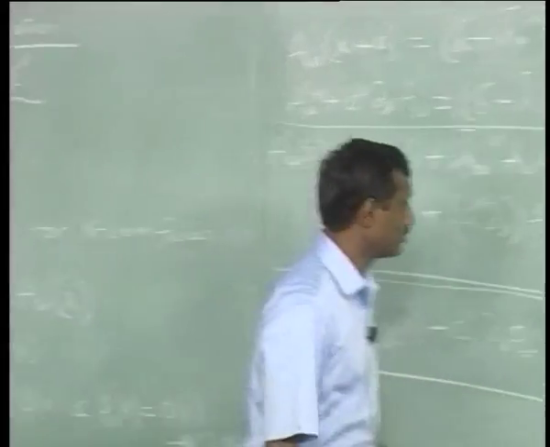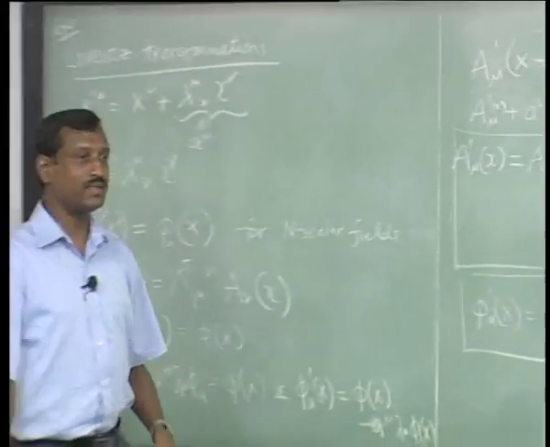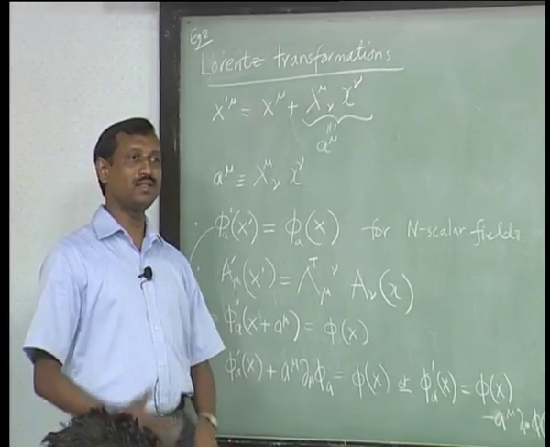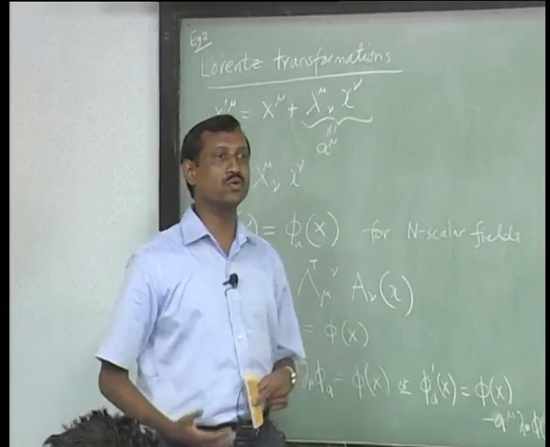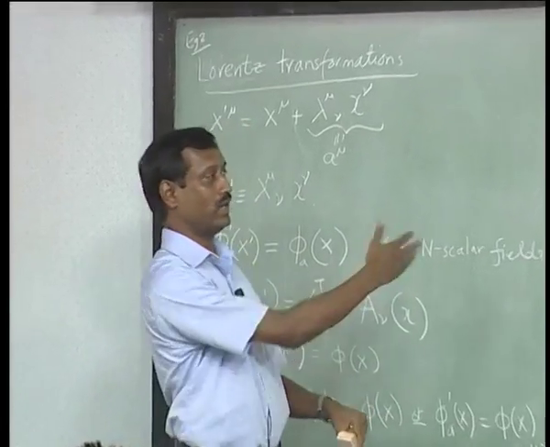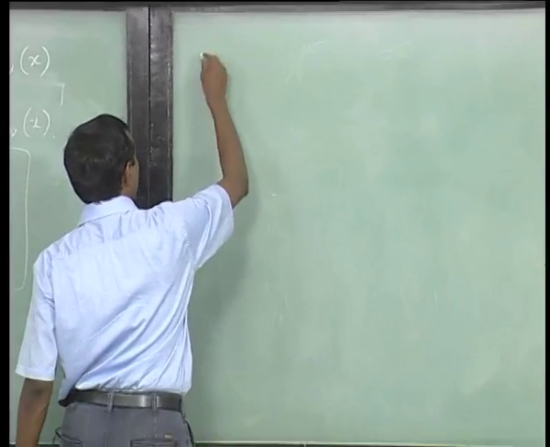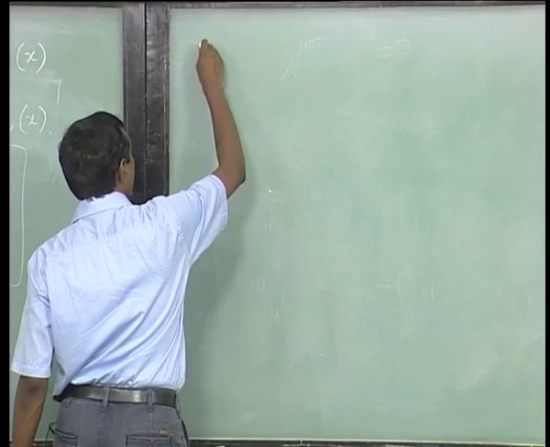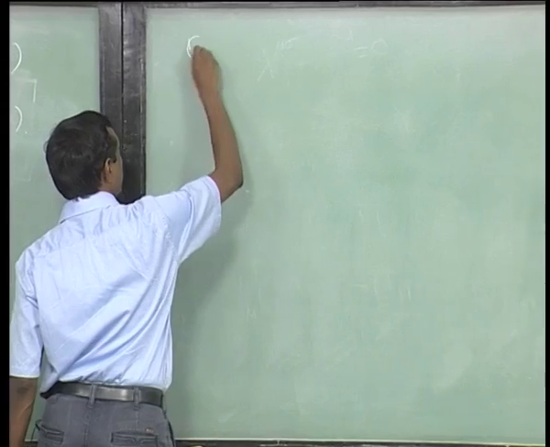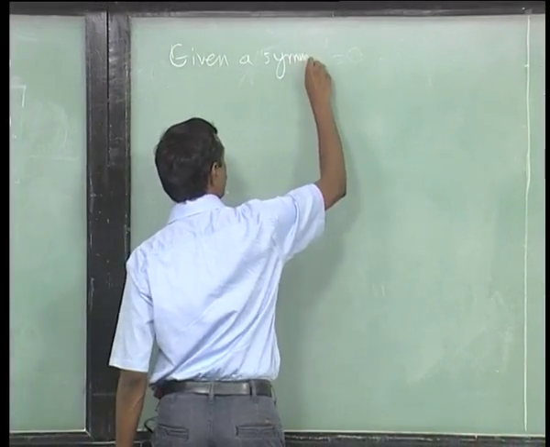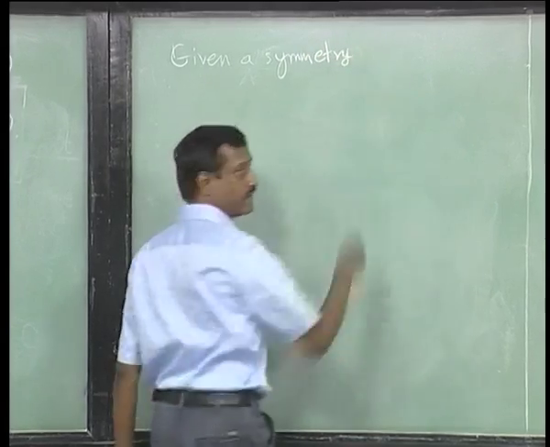Okay. So, if you give any symmetry, the first step is to say how does it act, and since it is a continuous group, you have a notion of what you mean by infinitesimal, go ahead and do that. Okay. So, one thing we know is that given a symmetry, the action will be invariant under that.